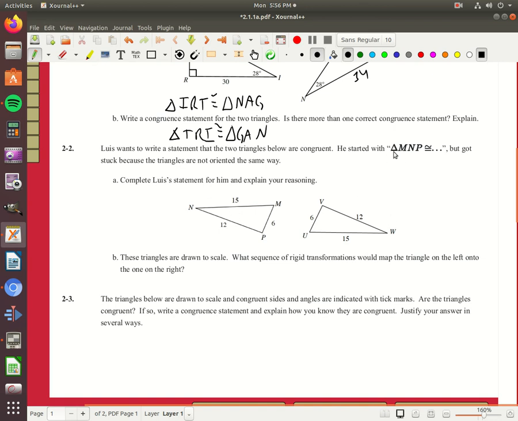So what we're going to do is, angle M, we're going to go with the side across from it. And you can see I get the 12. So I'm going to go over here to the 12, and you can see that matches up with the U. So triangle MNP is going to be congruent to triangle, M is going to match up to the U. And now the N is across from the 6, so I'm going to go with the W is across from the 6.